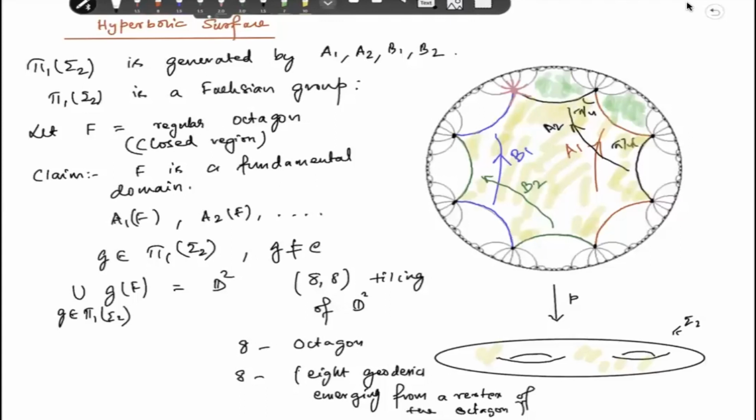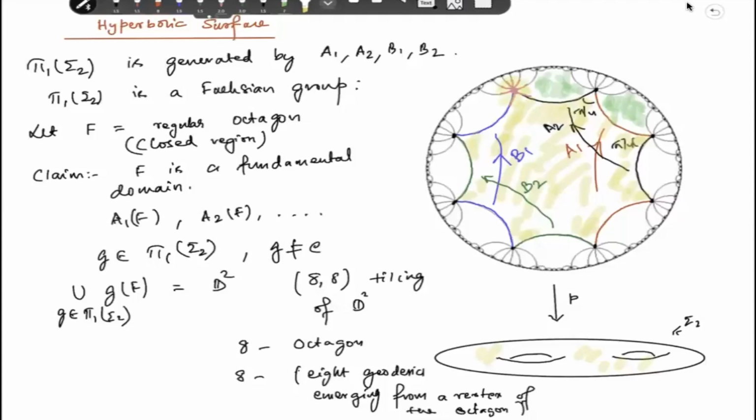If I consider this one, this is one octagon, this is another octagon, this is another octagon. So 1, 2, 3, 4, 5, 6, 7, 8. So around each point there are 8 octagons. Okay, so we have a nice tiling of this unit disk here.